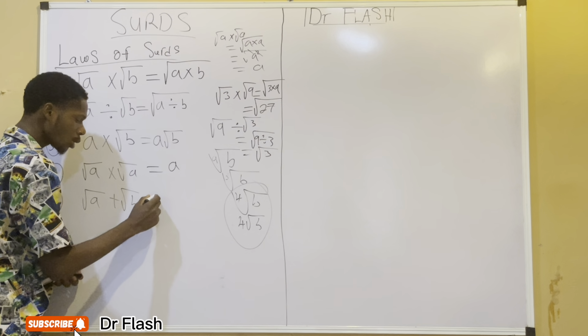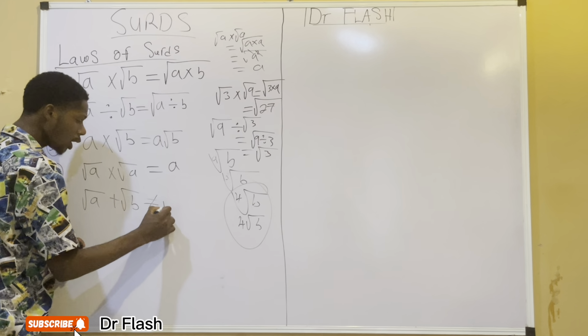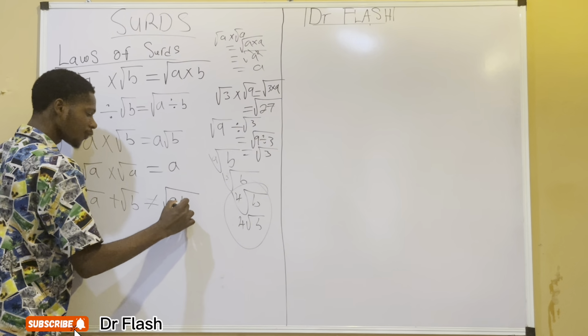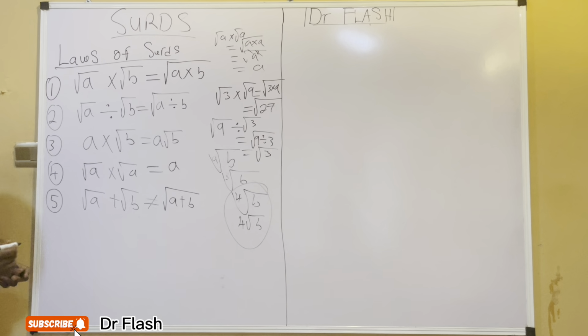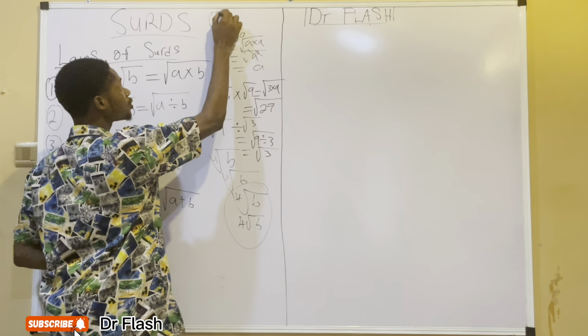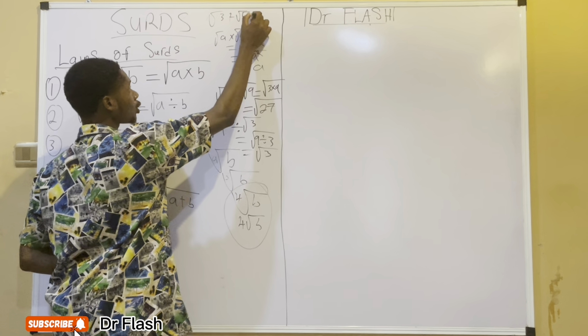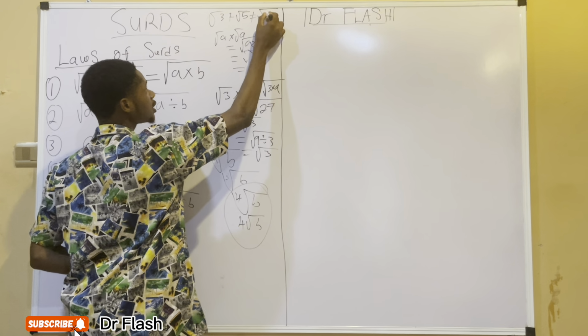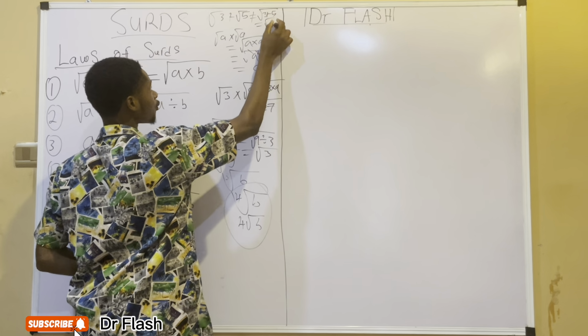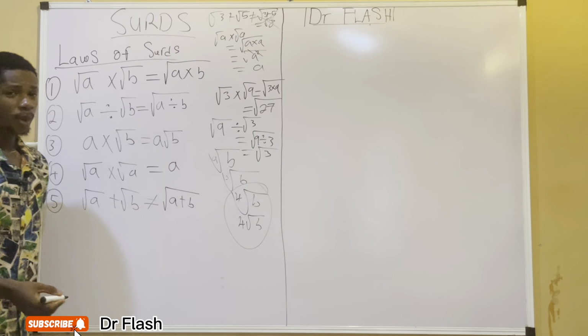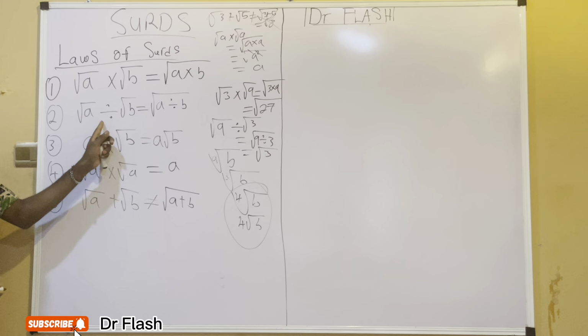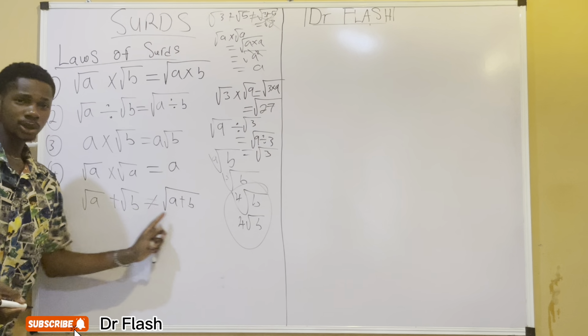So I'm going to say the square root of a plus the square root of b is not equal to the square root of a plus b. It is not equal to. So if we're having, for example, root 3 plus root 5, we cannot say it is equal to 3 plus 5, equal to square root of 8. No, it doesn't work. It only works for multiplication and division, but for addition, it doesn't work.